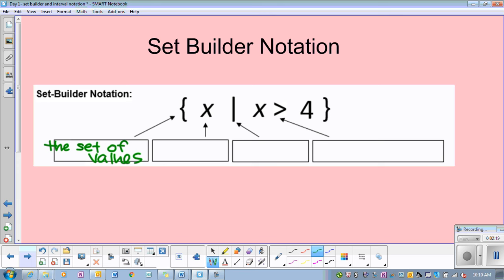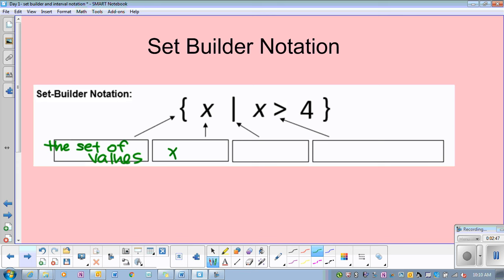Now look at the next box. It's pointing at x, or your variable. What is the variable? The unknown number. Yeah, the unknown, whatever that letter is. They usually give you a letter, right? Now you see this bar right here? You always need that as well.